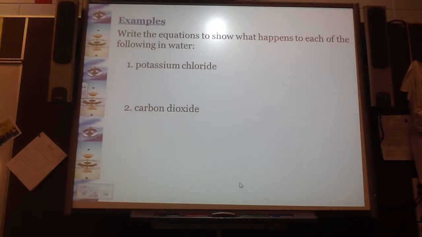The first thing you need to think to yourself when you're trying to determine how these will look is, number 1, is it molecular or is it ionic? Because that solubility chart can only be used for what? Ionic. So if it is ionic, you go to the chart and you can use that. If it is molecular, what are our rules that we can use?